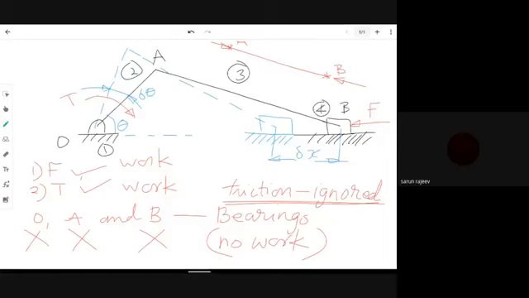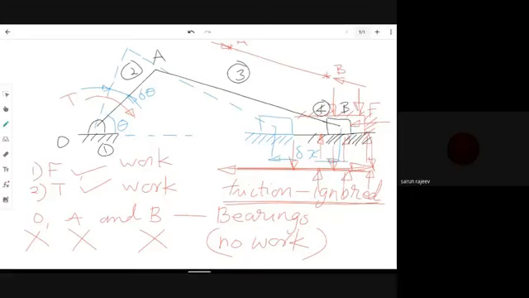The piston is being displaced in a translational direction like this. But if there is a cylinder like this, the forces from the cylinder onto the piston will be acting like this, perpendicular to the piston movement.